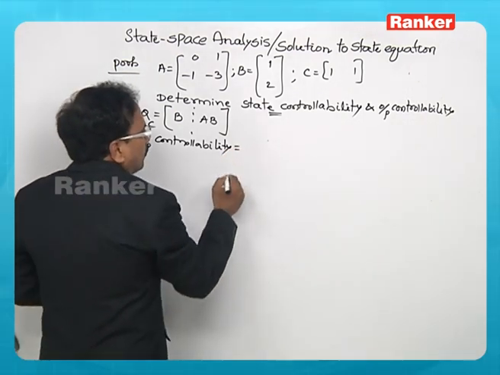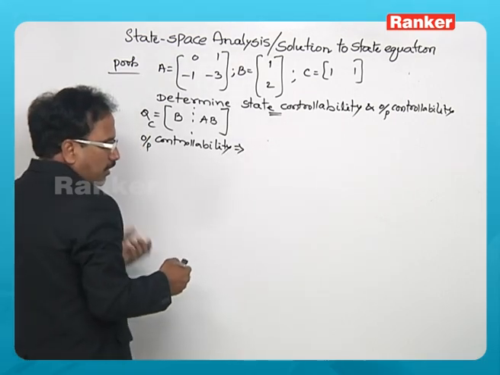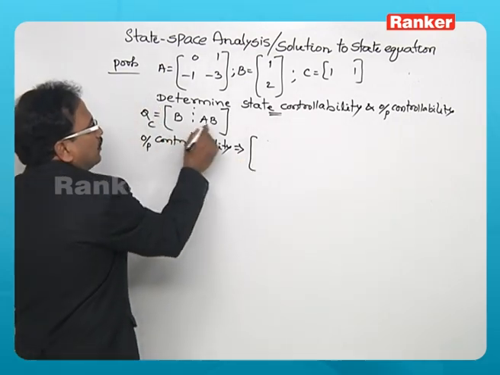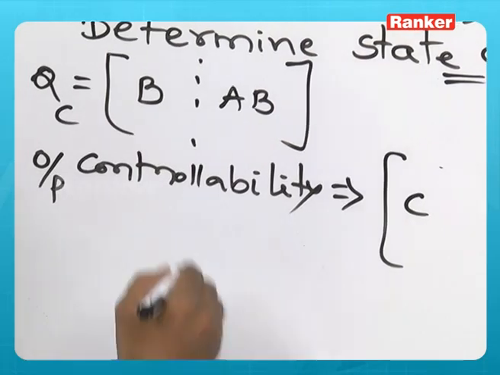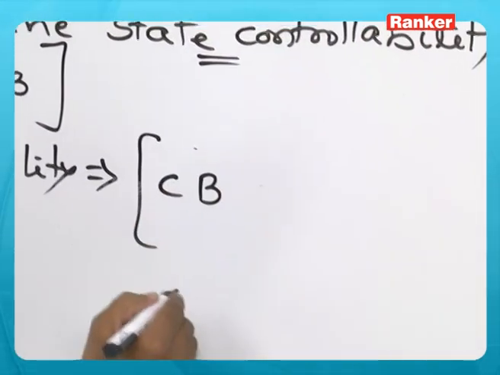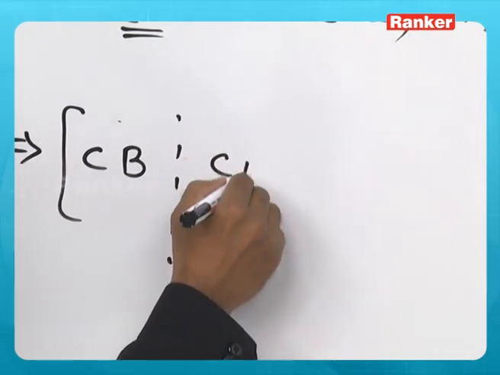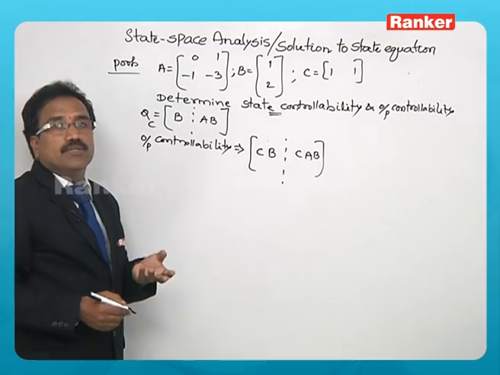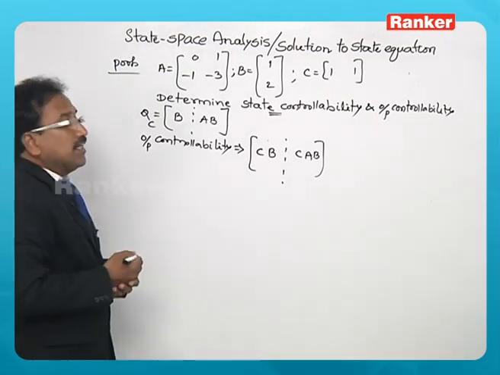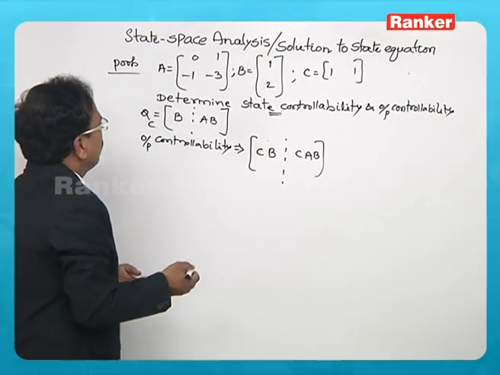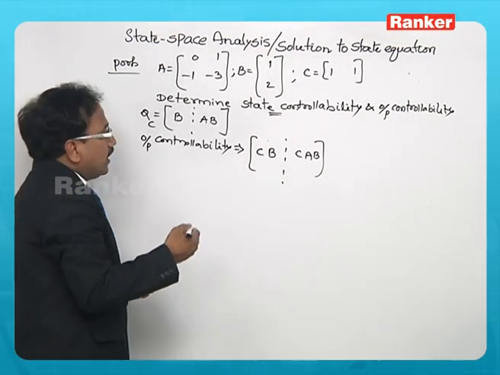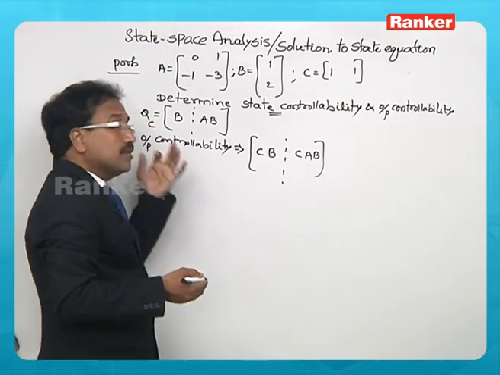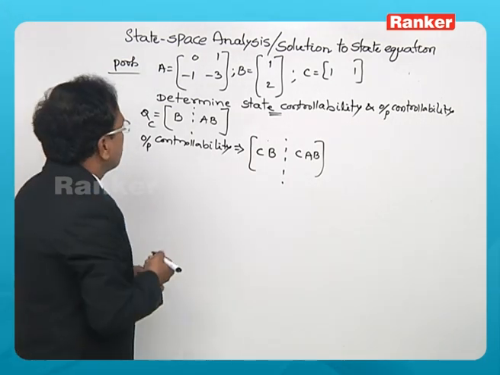So, to check the output controllability, you need to form the matrix again, and the components are additionally C, then CB, then CAB. This is what you should get for the output controllability. So, mathematically what you need to see for both these matrices is that the rank is 2. That means this must have a non-zero determinant, then we say the system is controllable.